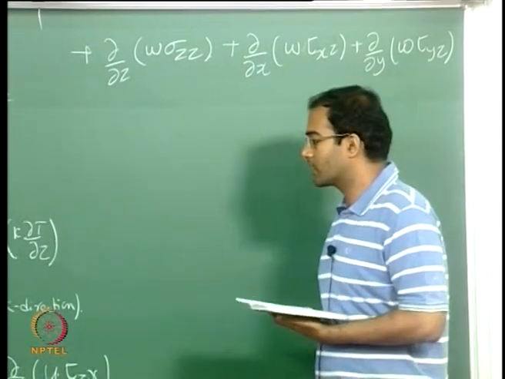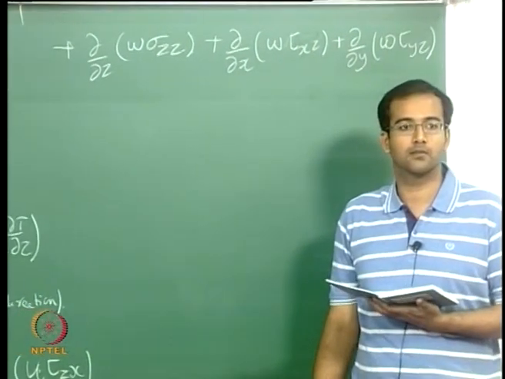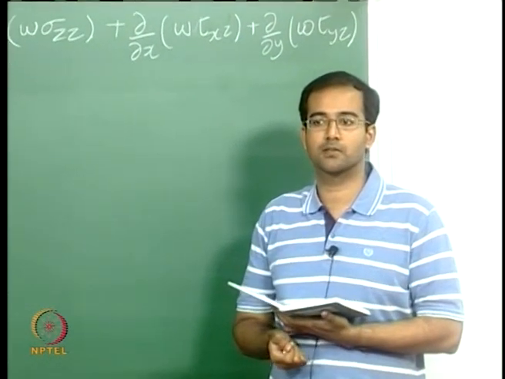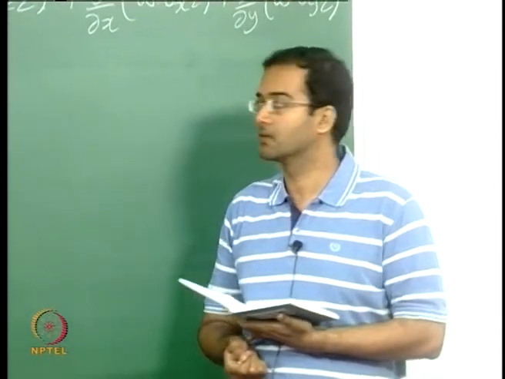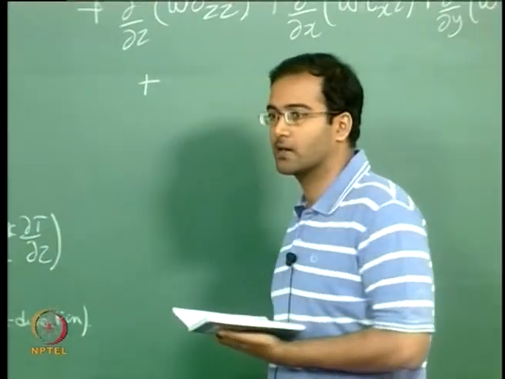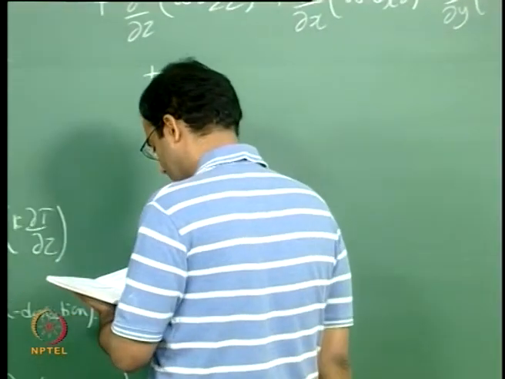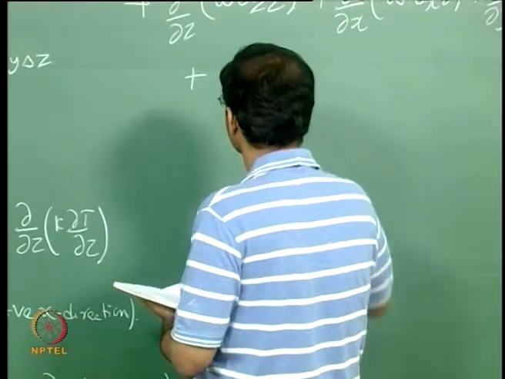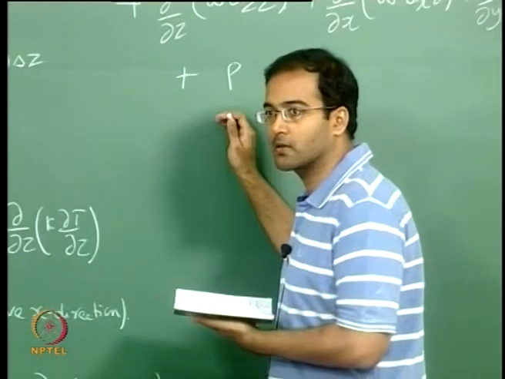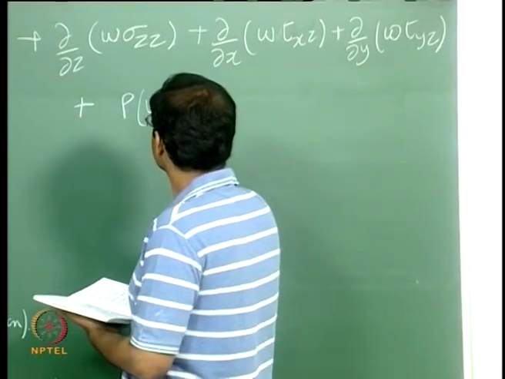So these are the contributions of the surface forces. What should be added to this? What are the other contributions to work? Body forces. That is the potential energy contribution that is added under the work. So this will be rho u gx plus v gy plus w gz, where I am taking rho common because it is common in all three directions.